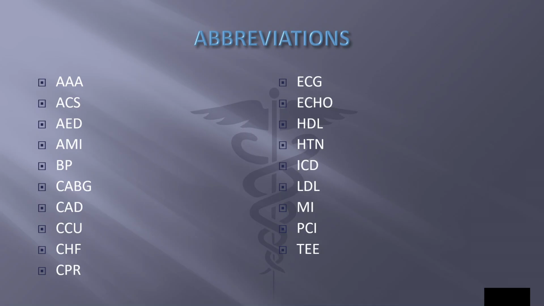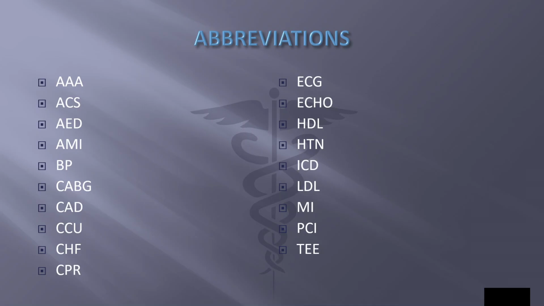HDL, high-density lipoprotein. HTN is hypertension or high blood pressure. ICD, implantable cardioverter defibrillator. LDL is low-density lipoprotein, a combination of fat and protein, high cholesterol content, and associated with formation of plaque in arteries.